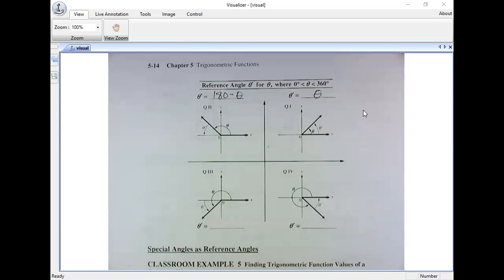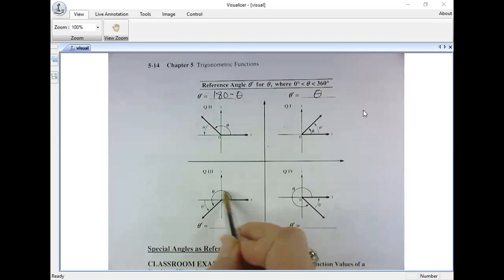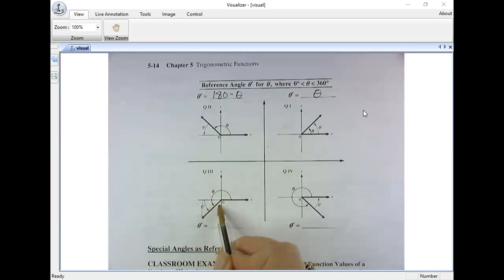Now, think about when you're in quadrant 3. If I go all the way to here, well, if I go 270 minus this, it would give me this angle. Is that the one I want? No, this one's going to be a little different. What do you think I would do? Think about it like this.